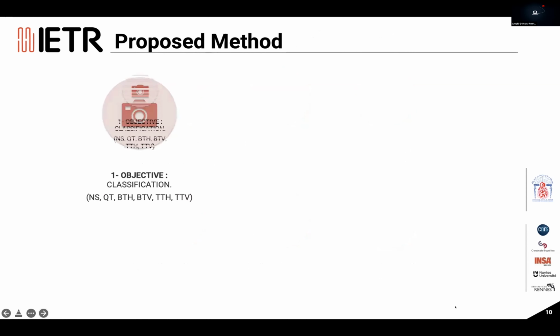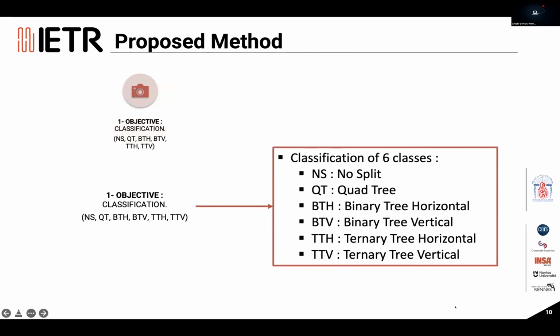The classes are the no split, the quad-tree split, the binary tree horizontal split, the binary tree vertical split, the ternary tree horizontal split, and the ternary tree vertical split.